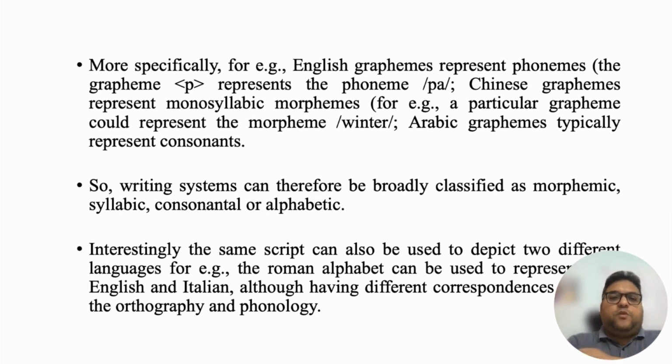Another very interesting aspect is that the same script can also be used to depict two different languages. For example, the Roman alphabet can be used to represent both English and Italian, although there will be different sound-to-text correspondences, or grapheme-to-phoneme correspondences, in the relationship between their orthography and phonology.